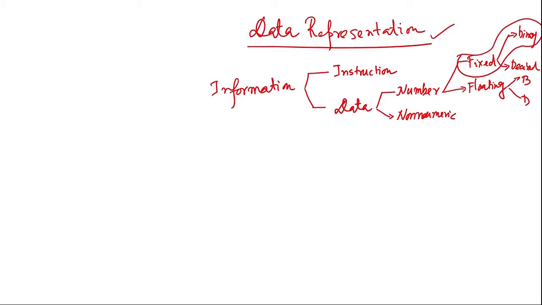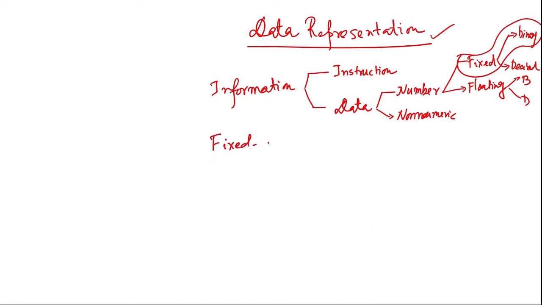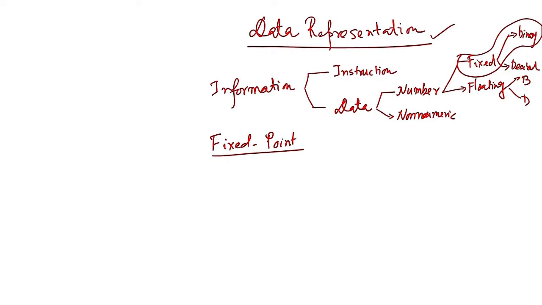Okay. So, in the last class we talked about the word length. Therefore, while representing a number we should talk about how many bits should be reserved for representing a number. For fixed point representation, we can represent the number in three ways. One is something called sign magnitude.